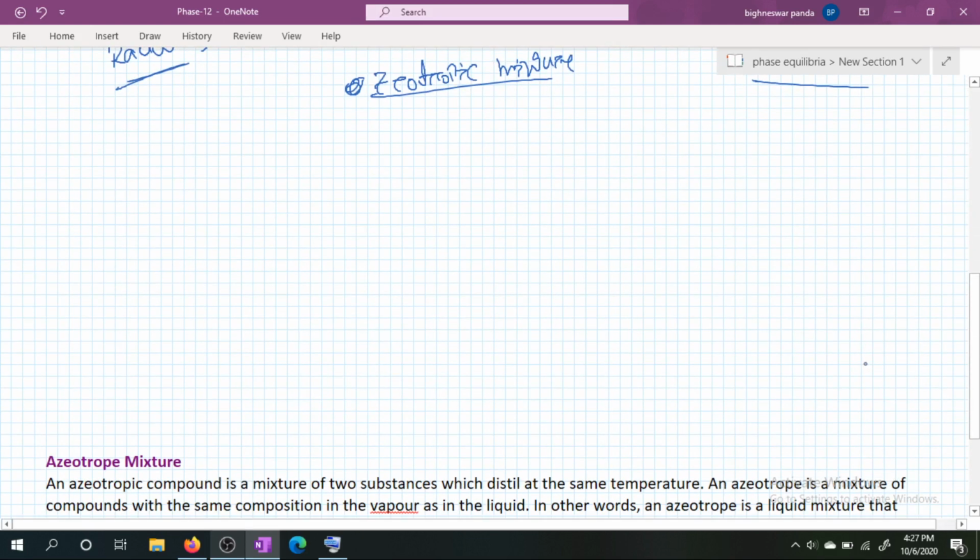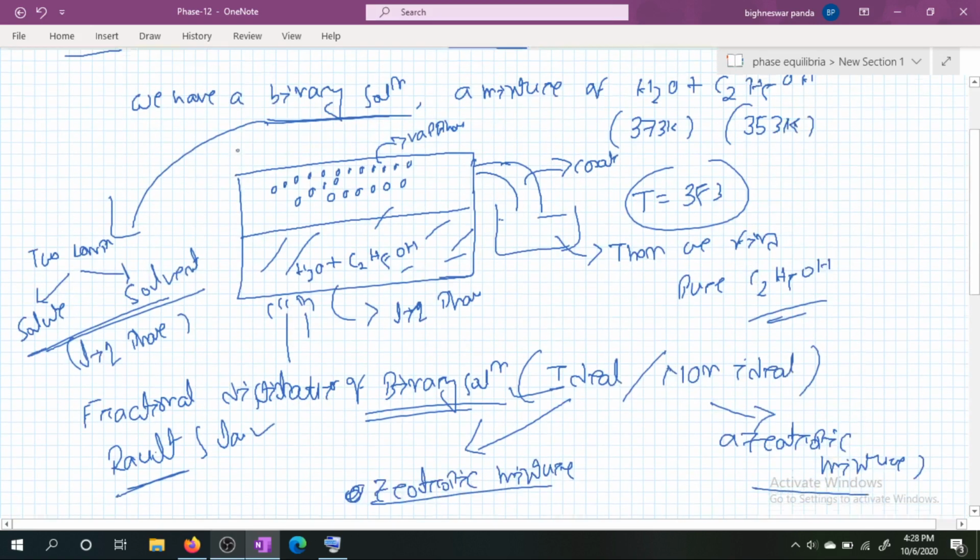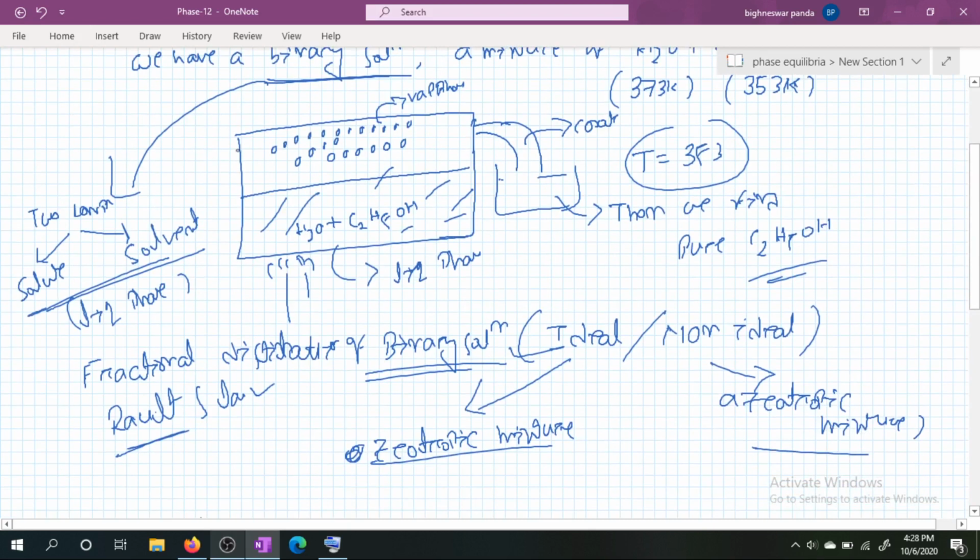So first we are going to study what is an azeotropic mixture. Another important thing is there. Let us consider this is our liquid phase. The liquid phase has mole fraction, consider XH2O, and alcohol has mole fraction XC2H5OH.